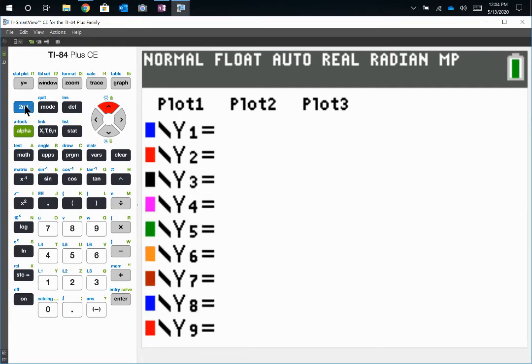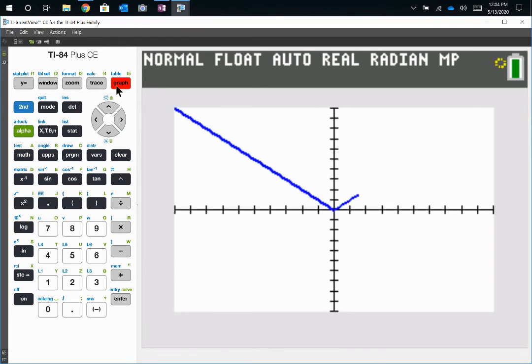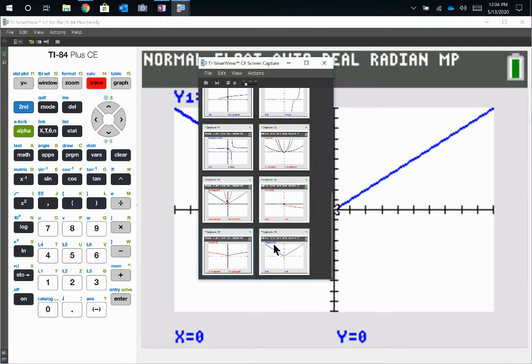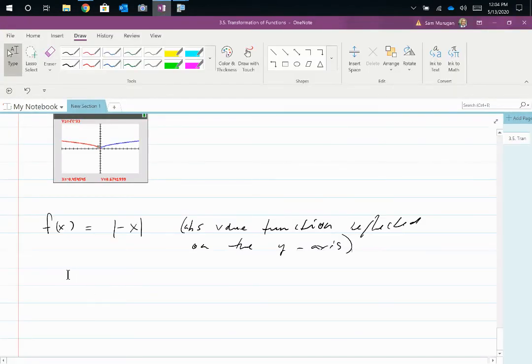Let's see what happens. Second catalog, absolute. And if we were to type negative x in here, the graph would still be the same because it's a reflection on the y-axis. Okay? The graph would still be exactly the same. So the square root graph can show you a good reflection of what happens when you reflect it, but not the absolute value graph.